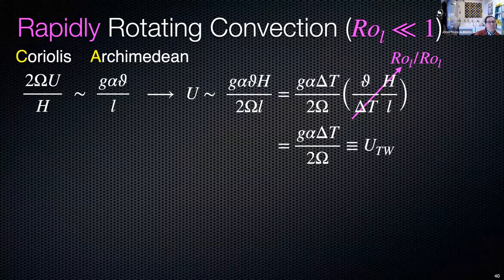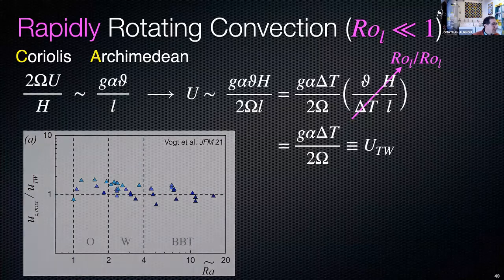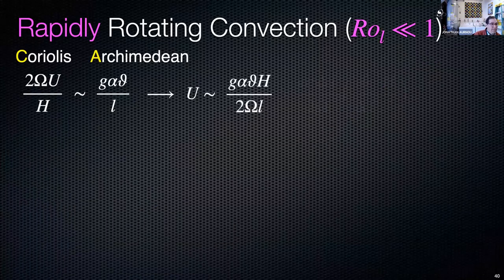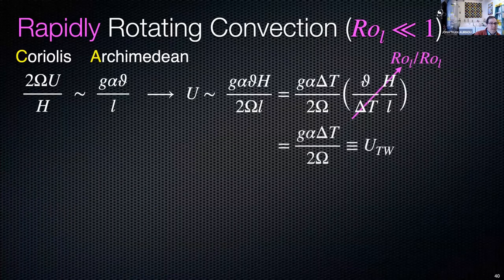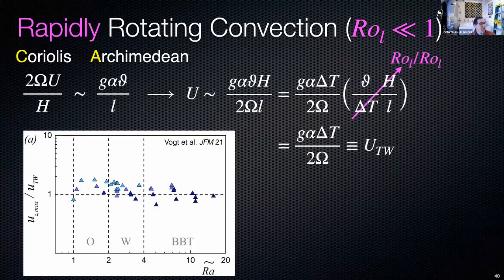So the fundamental scaling velocity in our rapidly rotating system is thermal wind. Oh, sorry about that. There it is. And so again, here's data from ultrasonic measurements by Vogt, where he's measured his maximum UZ as a function normalized by the thermal wind prediction.